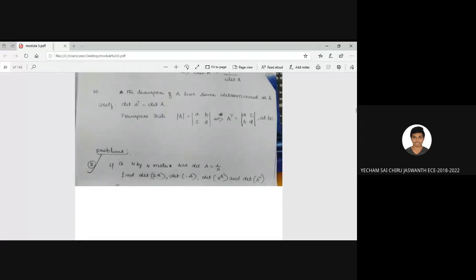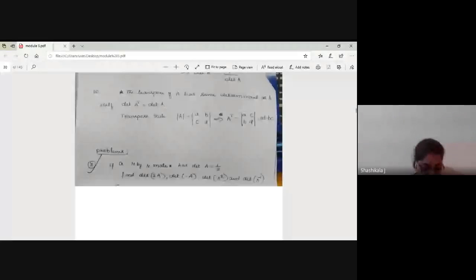Okay, four, don't worry. Yes, write in your chat box. Determinant a value is 1 by 2. What is the determinant of 2a? 2a, 8.